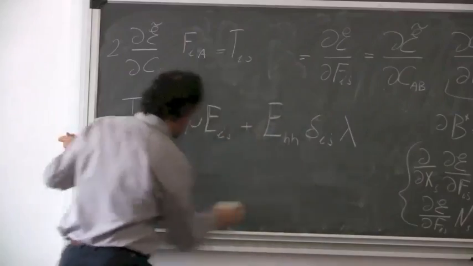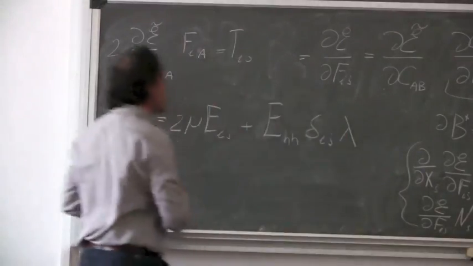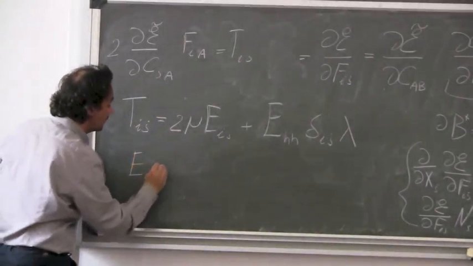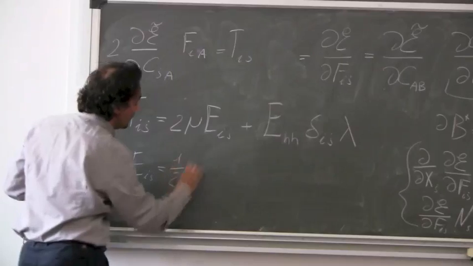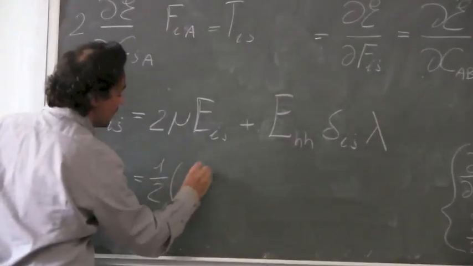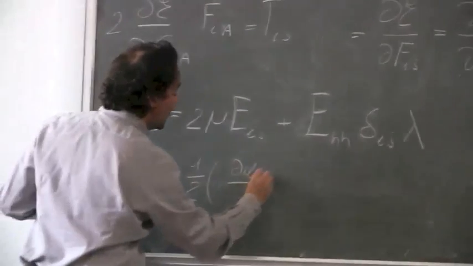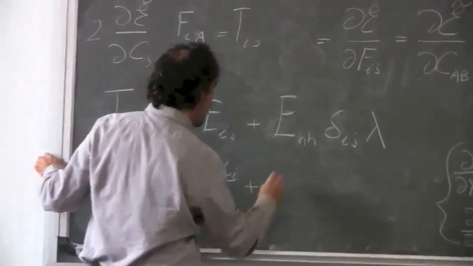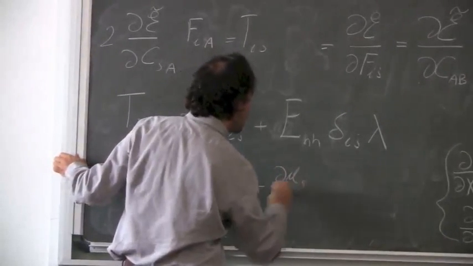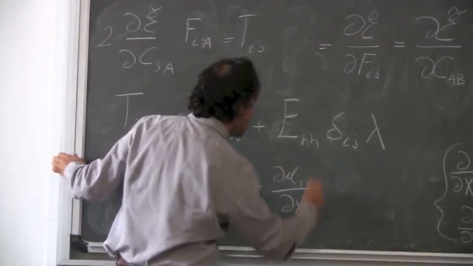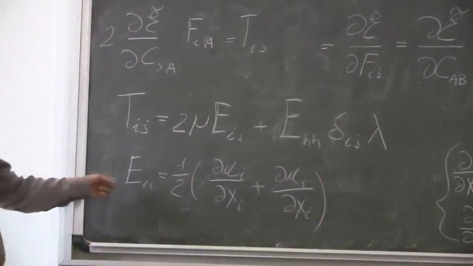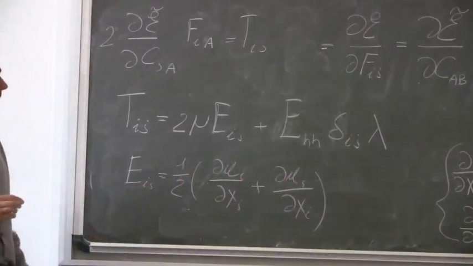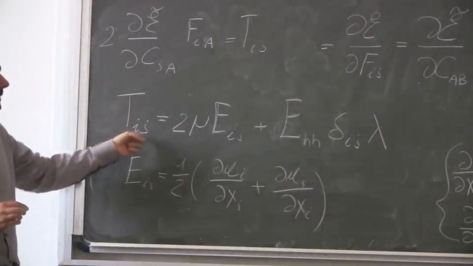Because E is assumed to be the following: 1/2 the derivative of u_i with respect to x_j plus the derivative of u_j with respect to x_i. In the linear case, almost. In the linear case, first of all, you see that T is symmetric.